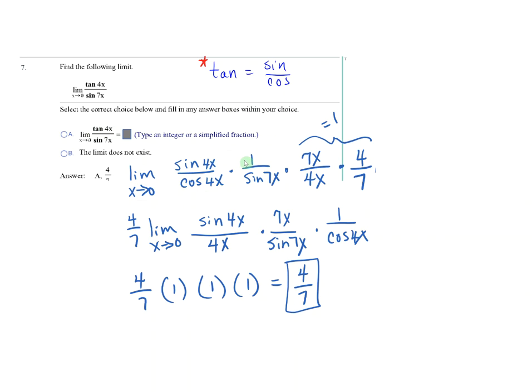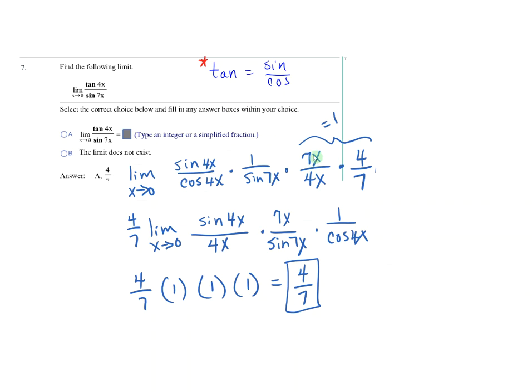And then we have 1 over sine 7x. All right? Now, ultimately, we need to have several things happen. For the sine 7x on the bottom, I have to have a 7x here. And I need a 4x on the top here. So, let's see what we can do.